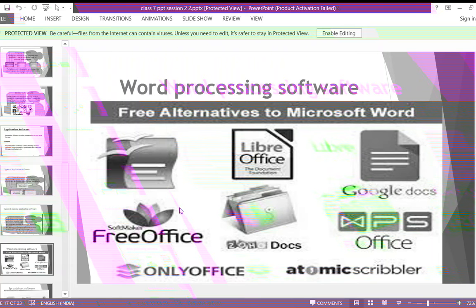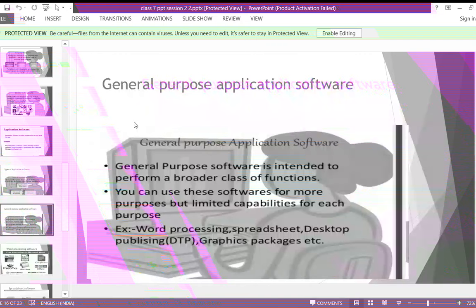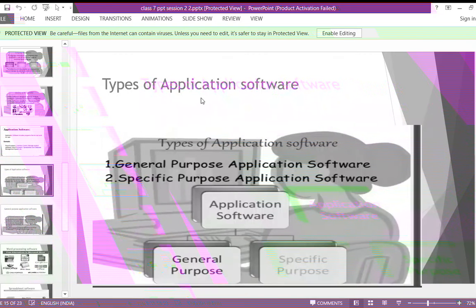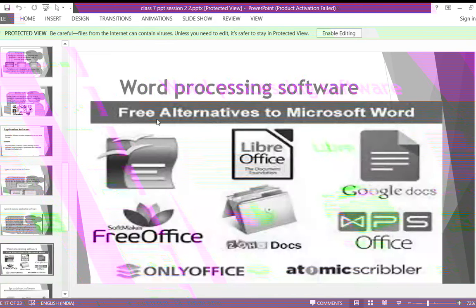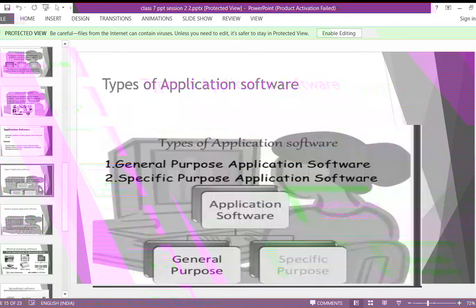As I told you, application software is nothing but software used by the user who really wants to do the work. So for that purpose we are using application software, such as word processing software. If you want to create a document, then you are going to use this word processing software.